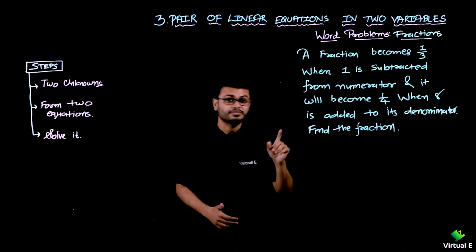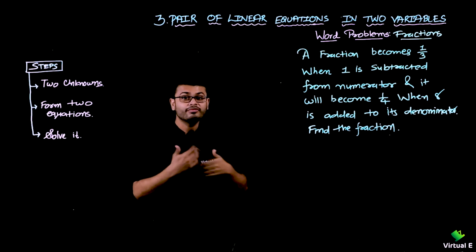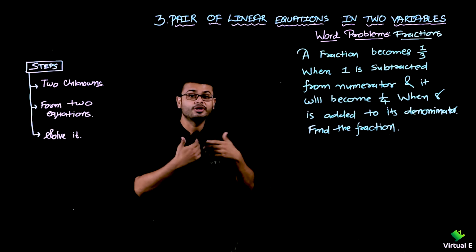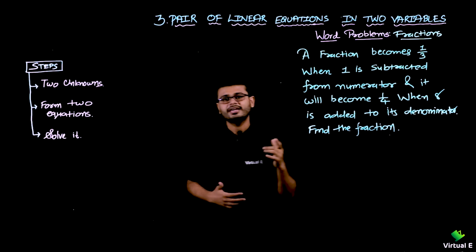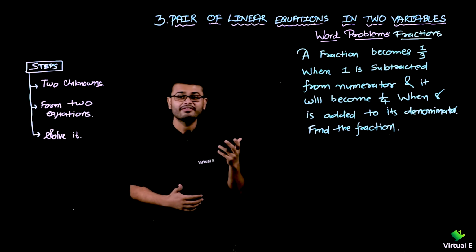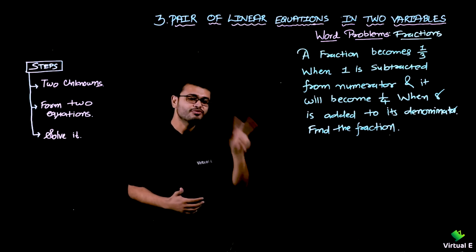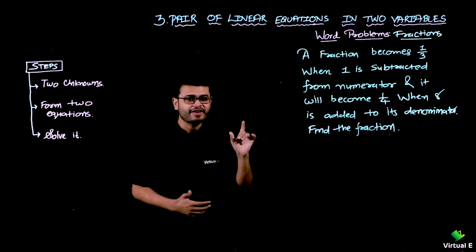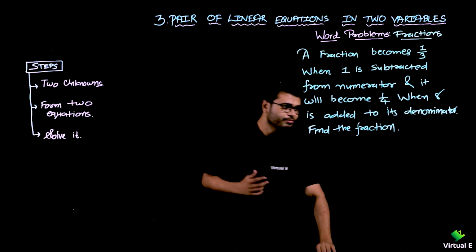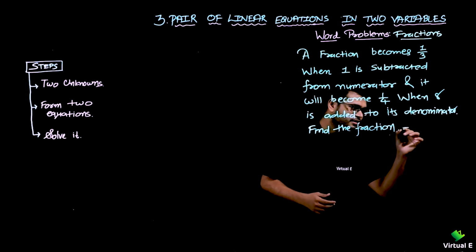First of all, I told you, we need to identify what we want to find, what is unknown. So, find the fraction. Now you must be thinking that it is only one fraction, so how can we find two unknowns? But think, a fraction is made up of numerator and denominator.